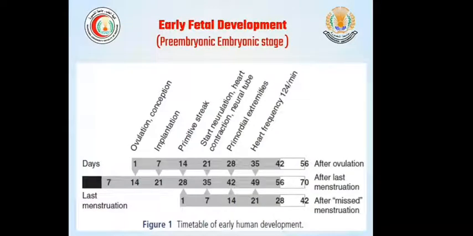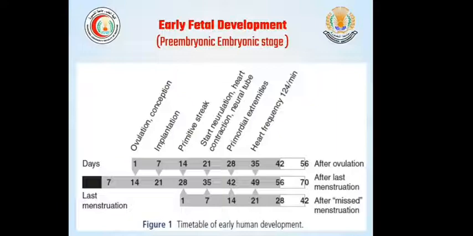After fertilization, the development of the embryo and fetus is divided into 3 main stages.